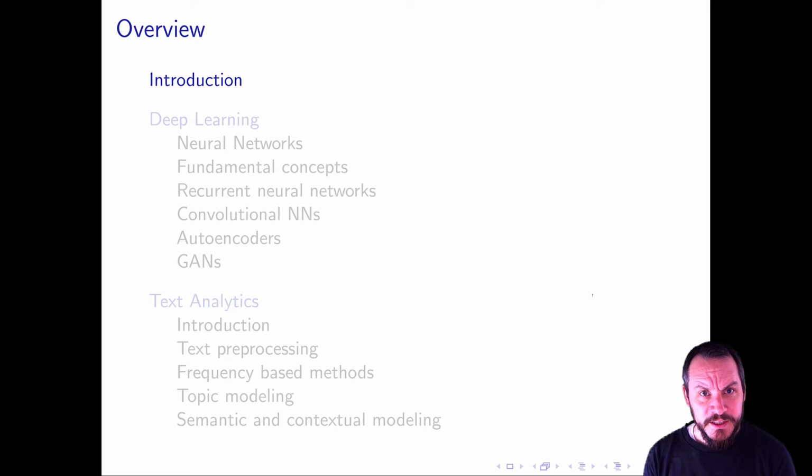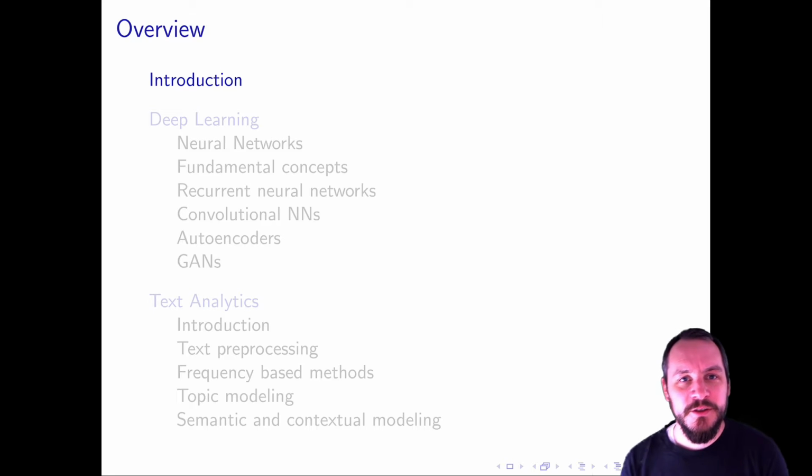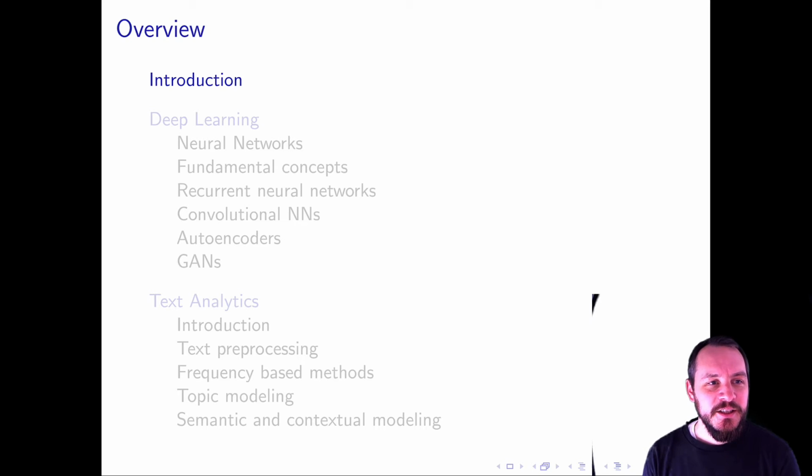Okay, so in this video, I just want to do the introduction and give you a short summary of what you are going to do in the course. As you can see here, we will focus on deep learning methods, more specifically on various forms of neural networks and different applications of neural networks.